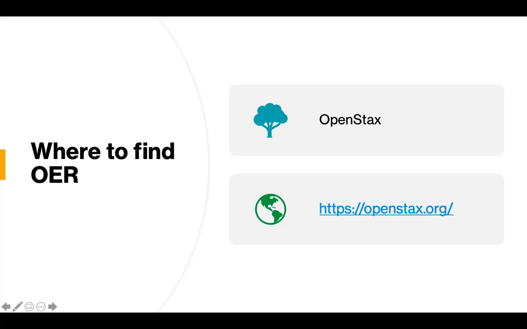They also, though, what they don't highlight, provide ancillary materials for instructors and students. So they do have access to tests and lab prep and things along those lines. So OpenStax is mostly noted for its open textbooks, but it does have these ancillary materials available for you to use.